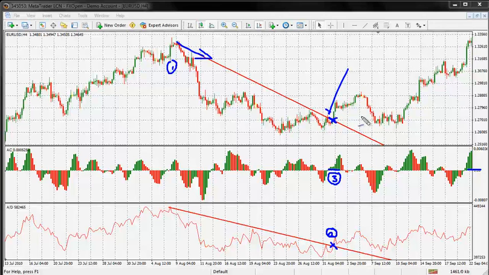Alright, so where do we place our stop loss and where do we place our take profits? I don't like to sound paranoid, but for the most part I believe that brokers do hunt you out. So what I tend to do when I'm day trading is that I will only put my stop loss value in once my trade has made a sufficient amount of pips.